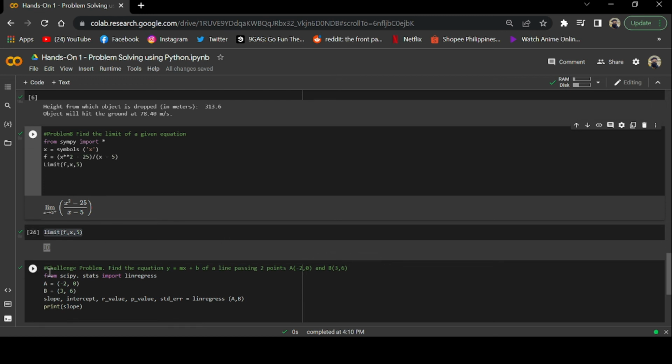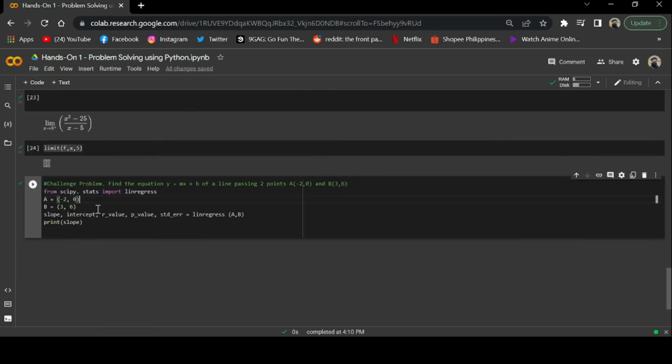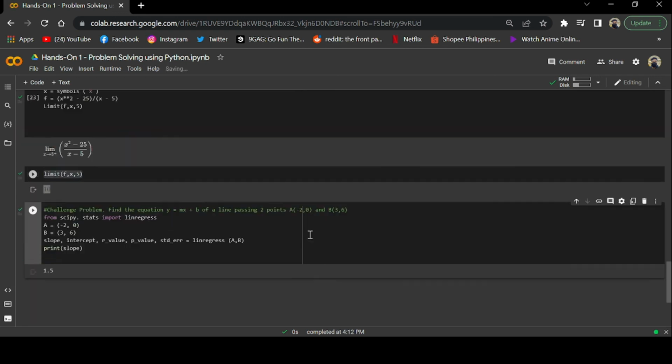So our code is from scipy.stats import linregress. We're going to find the line slope and intercept of the given 2 points. So A equals -2 and 0, which is x1 and y1, and B equals 3 and 6, which is x2 and y2. So let's run this code, which gives 1.5.